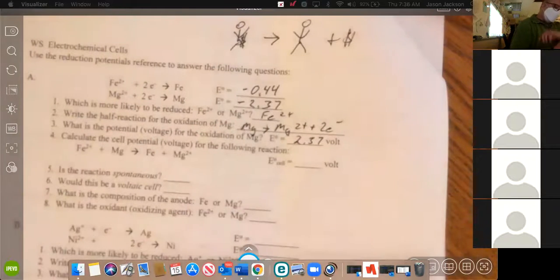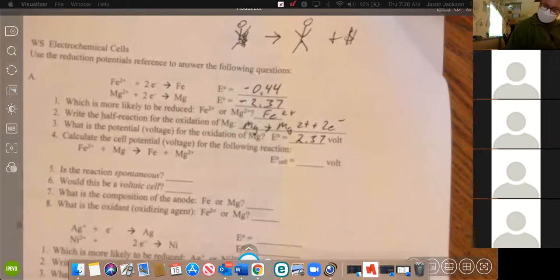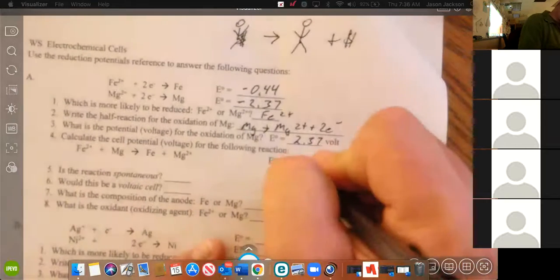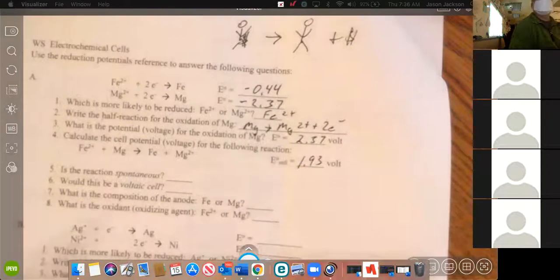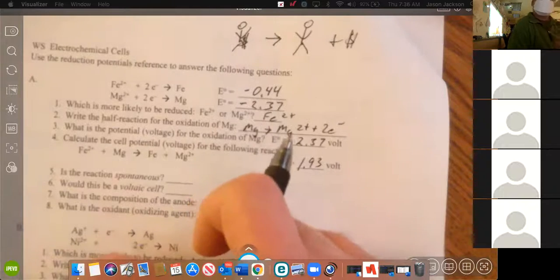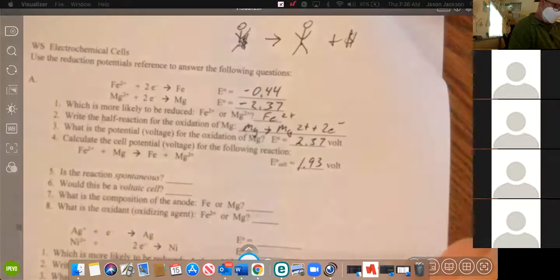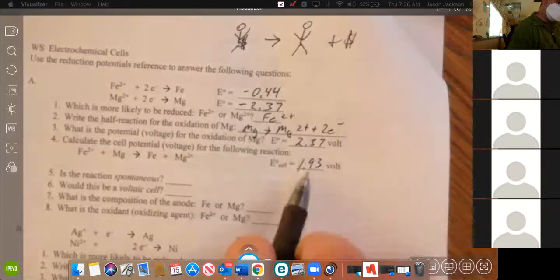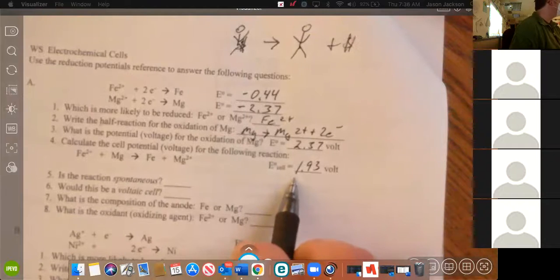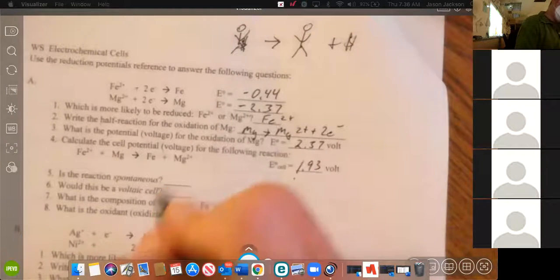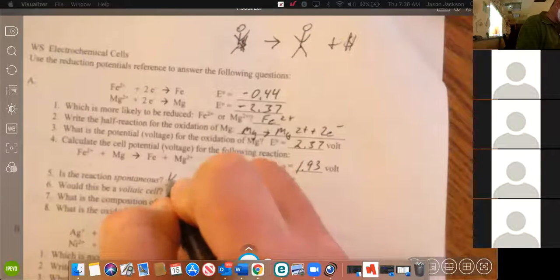So 2.37 plus negative 0.44 is 1.93. 1.93 volts is what we would get with that. Is this positive or negative? Positive. So that means that we are spontaneous.